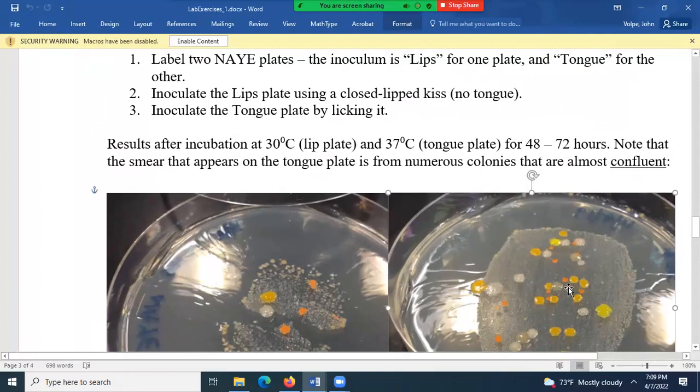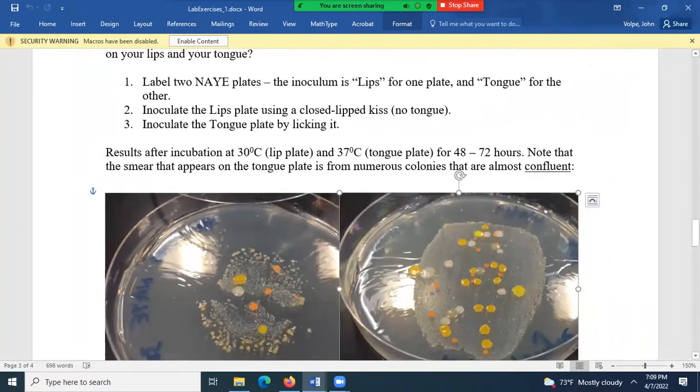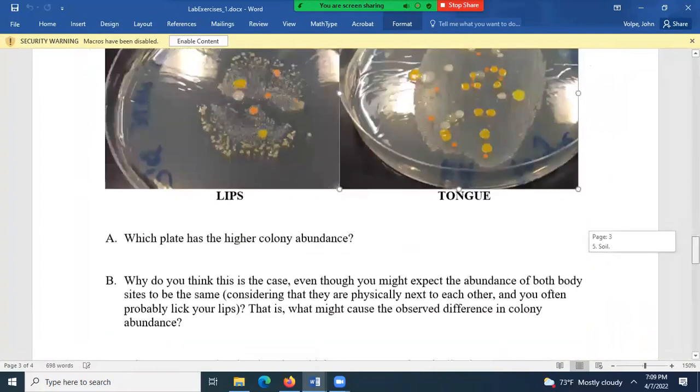Okay, so these colored ones are not the only colonies. There's a bunch of colonies right here. So the colonies are so numerous, the growth is almost confluent. But each of these, if you look closely, those are colonies in there. And then answer the questions.